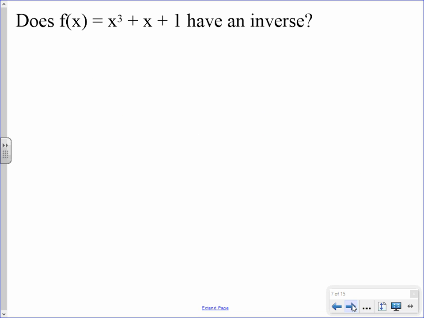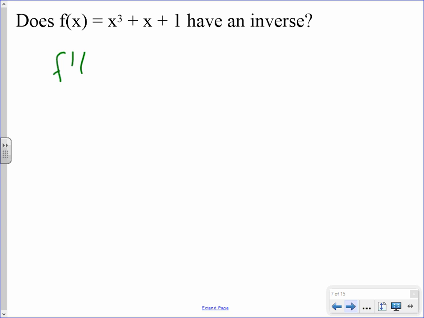Okay. Second example, does x cubed plus x plus 1 have an inverse? Now remember, some cubics change directions, some cubics do not. So this isn't as simple as just looking at the equation.